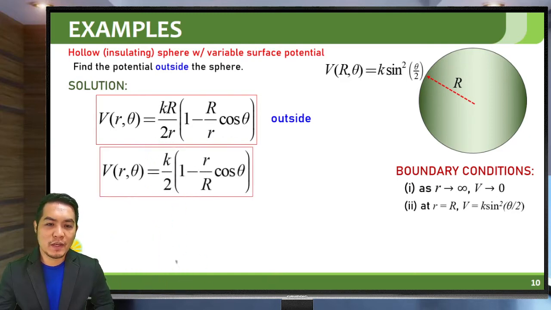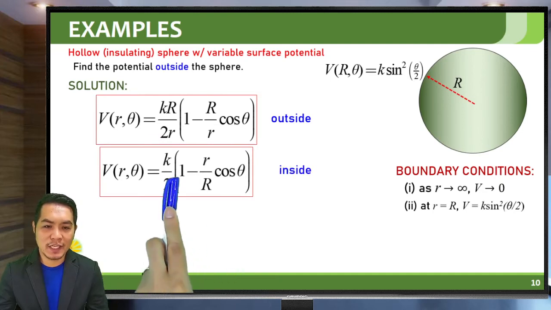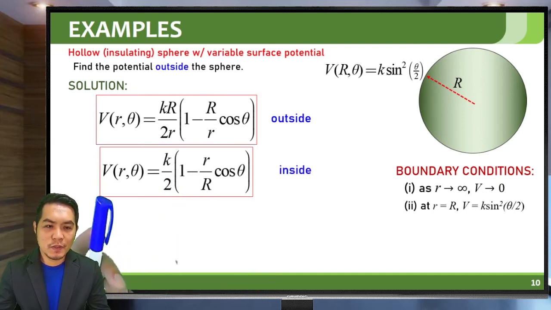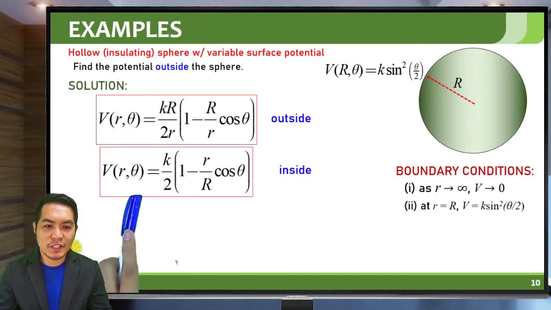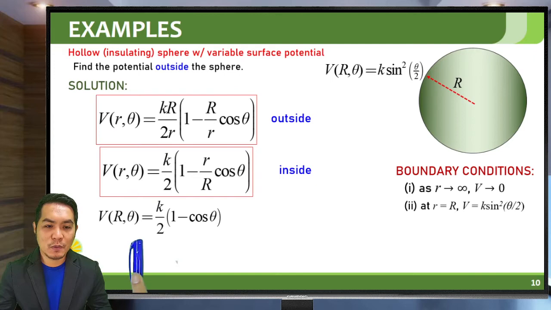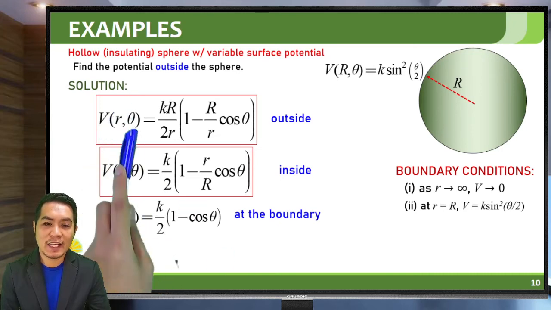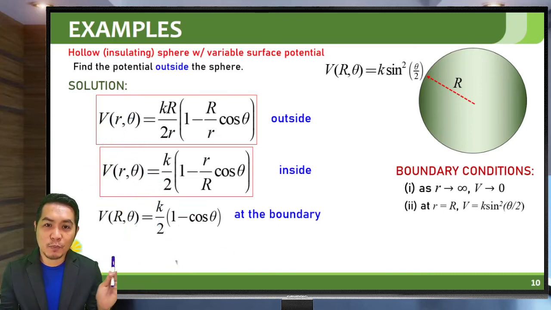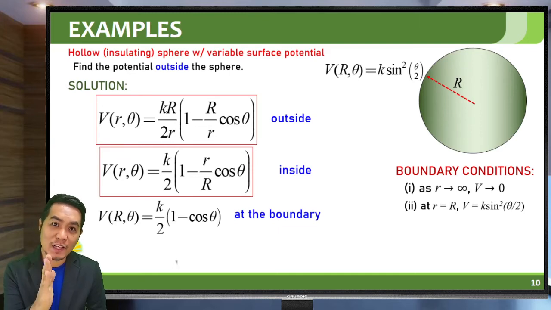If you compare this with our previous result, the potential inside, you will notice that these two potentials at r equal to capital R will have the same value, k over 2 times (1 minus cosine theta). Because potential is continuous even at the boundaries, the potential outside and the potential inside must approach the same value at the boundary.